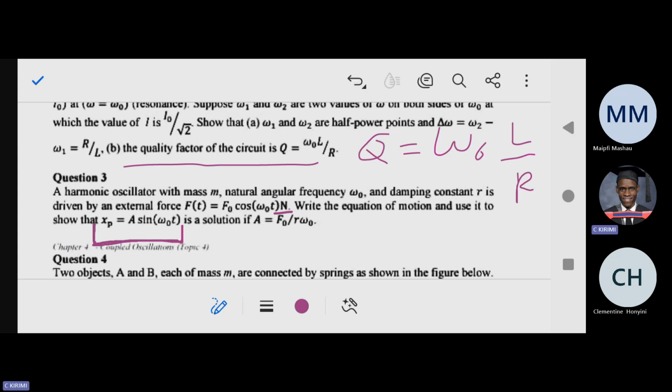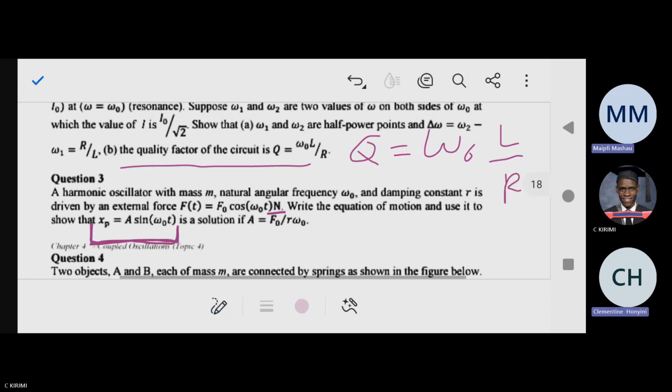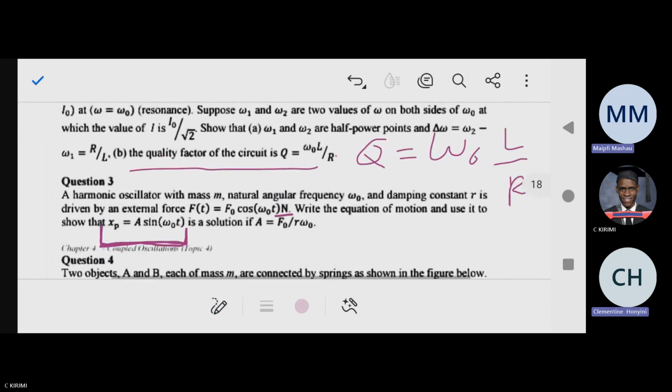You've done differential equations, is that so? Did you do differential equations? In calculus? No, not calculus. Calculus is calculus.